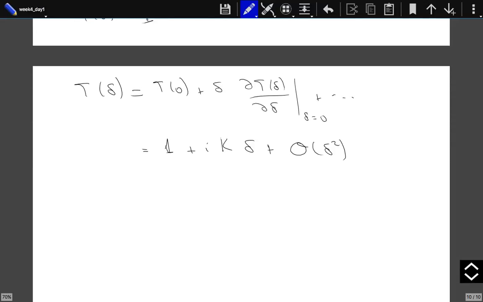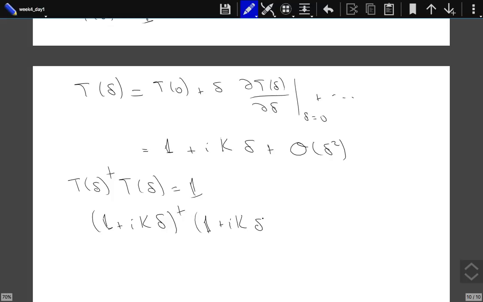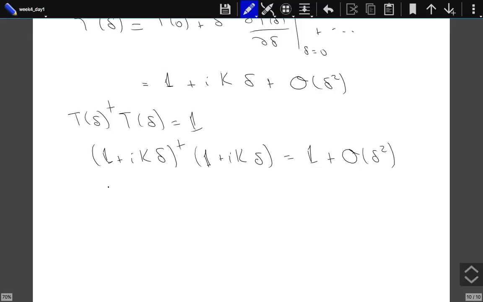So what can I say about this K? First of all, T of delta dagger, T of delta should be equal to 1. So (1 plus iK delta) dagger times (1 plus iK delta) should be equal to 1 plus some possible terms proportional to delta squared. Let me open up the product. This is 1 minus iK dagger delta. Delta is a real number. It's just a position, like 1 meter, 0.3 centimeters.